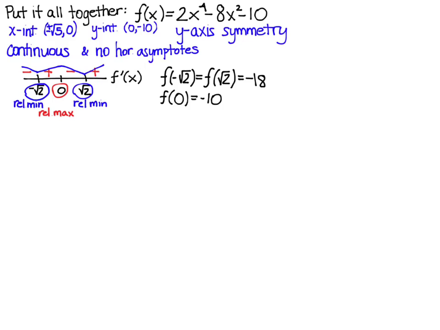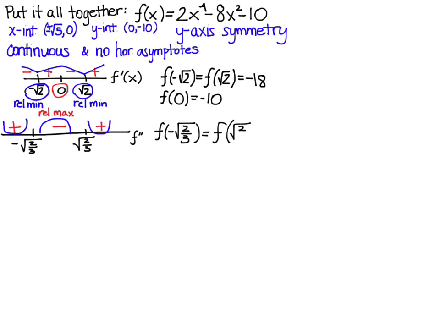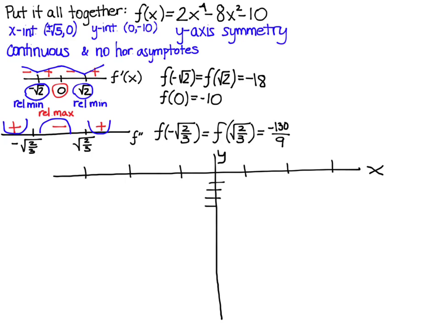We found the y values at negative square root of 2 and square root of 2 to be negative 18, and the y value at 0 to be negative 10. For concavity, we saw that we had inflection points at negative square root of 2/3 and positive square root of 2/3, comma, negative 130/9. We're finally ready to graph the function.